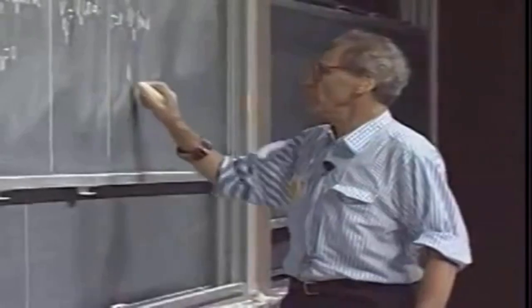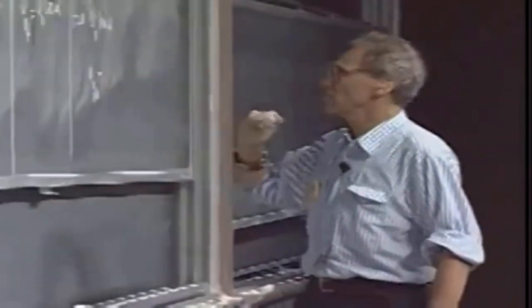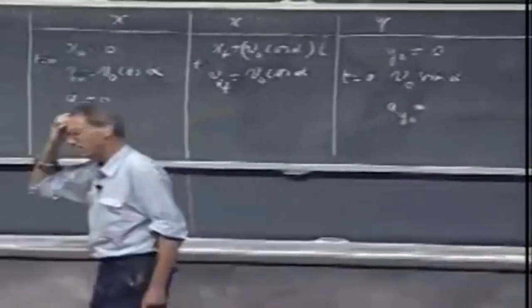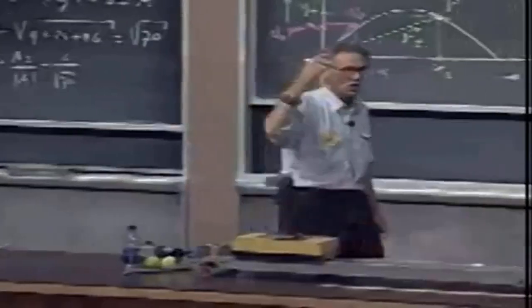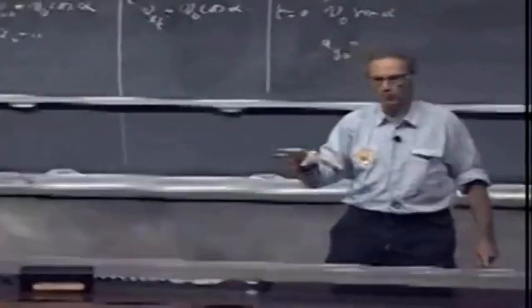What is the acceleration in the y direction at time 0? What is the acceleration? That has to do with gravity. There is no acceleration in the x direction, but you better believe it, there is one in the y direction. So only when we deal with the y equations does this acceleration come in. Not at all when we deal with the x direction.